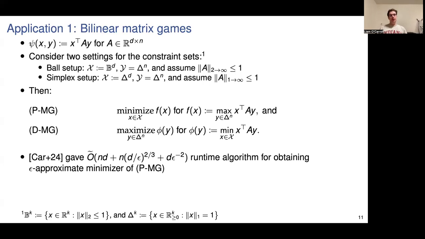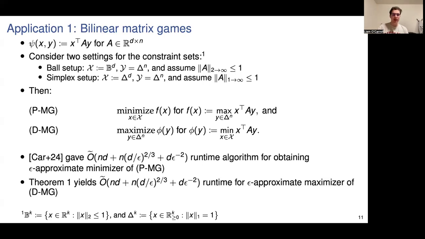And recently, Carmon et al. gave a runtime for obtaining an epsilon approximate minimizer of the primal optimization problem in this setting. But their algorithm only gives an epsilon optimal solution for the primal, and they leave it as an open question whether it's possible to obtain an epsilon optimal solution for the dual with this same runtime.